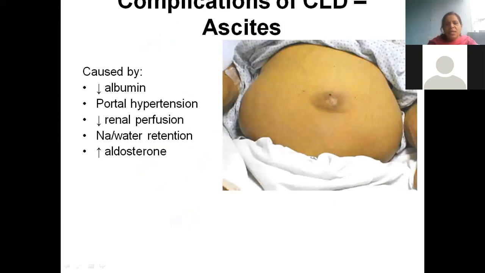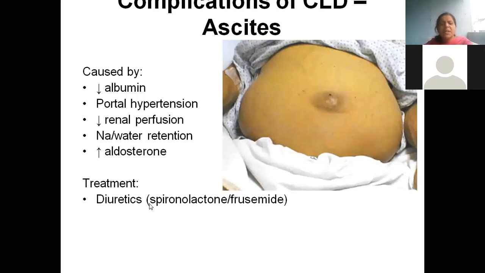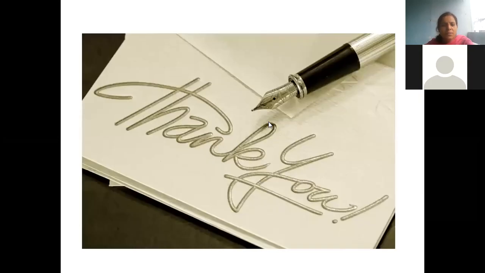You can see the condition ascites here. Ascites also occurs due to liver failure. When the abdomen is fully distended and filled with fluid, that condition is ascites. This occurs due to liver failure, where the liver is not in a position to produce plasma proteins like albumin. Then you will see collection of fluid in the abdomen. That is ascites. So that is all about the portal vein.